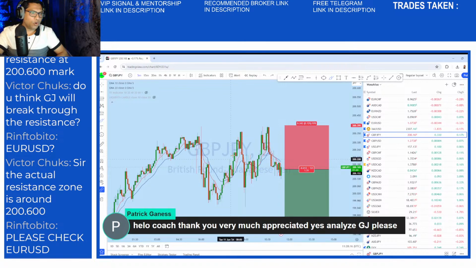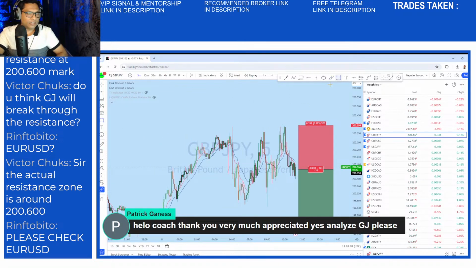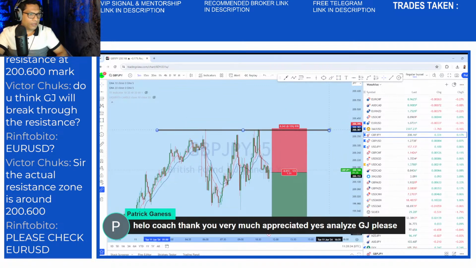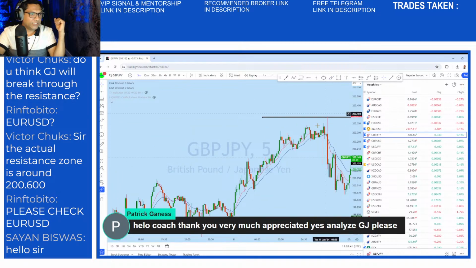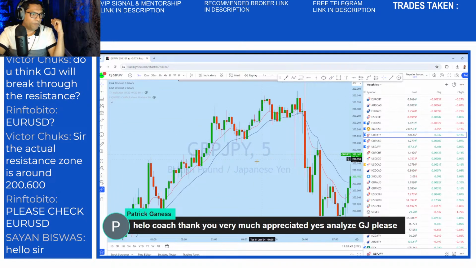If you look here, this is a resistance zone where there is high liquidity, and once the market triggers that liquidity, that's where smart money trades. This is the liquidity grab. Once you understand it, it becomes much easier to trade based on liquidity.